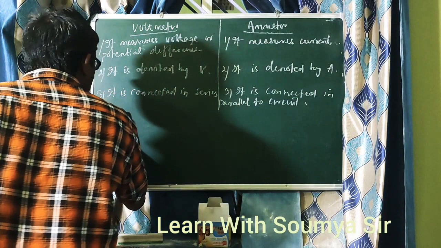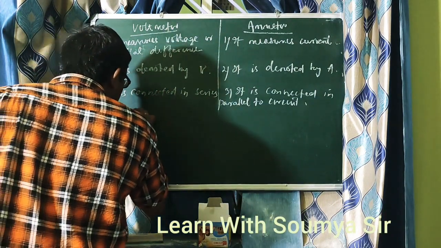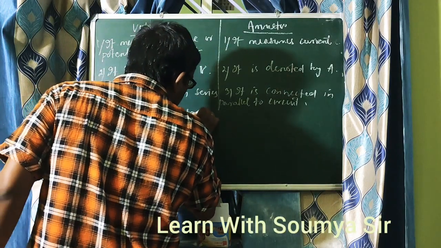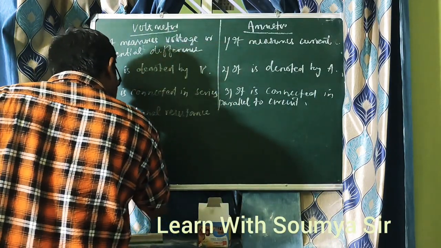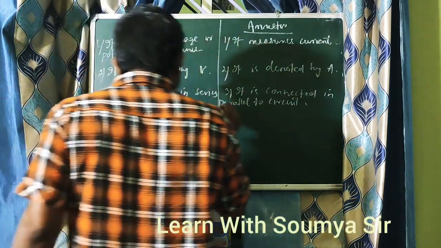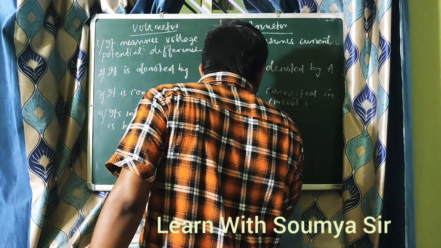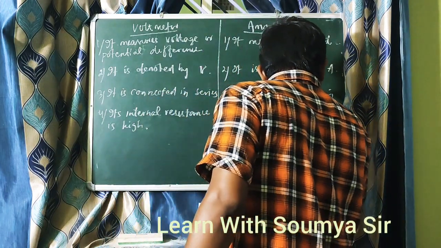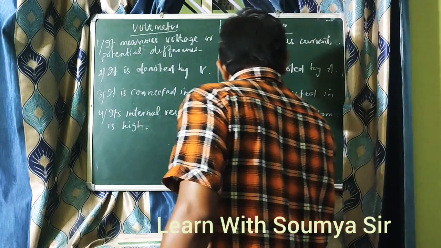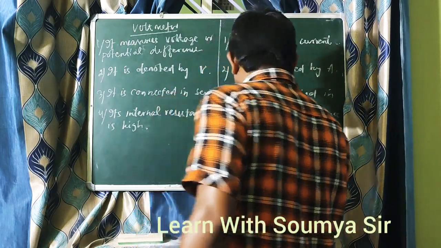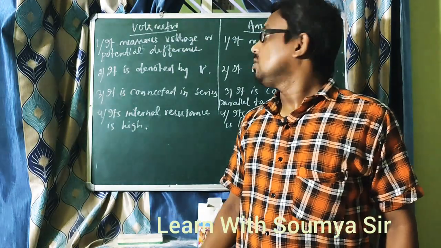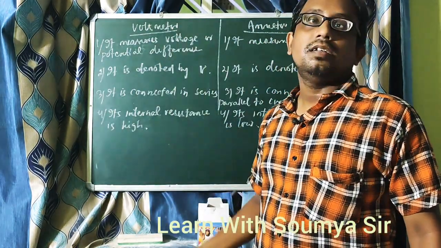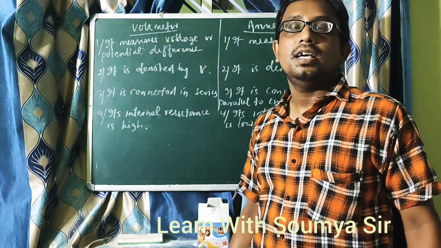Number 4, voltmeter's internal resistance is high, and number 4, ammeter's internal resistance is low. So these 4 points you will write if you are asked to write the difference between voltmeter and ammeter.